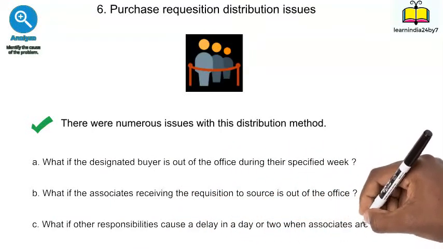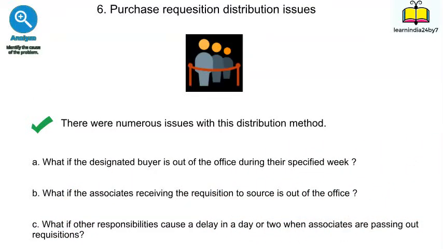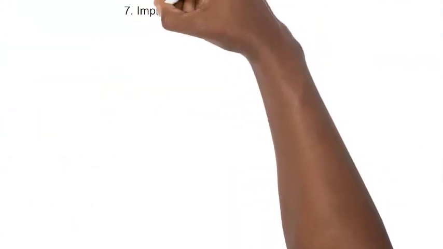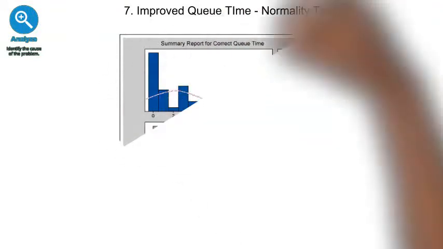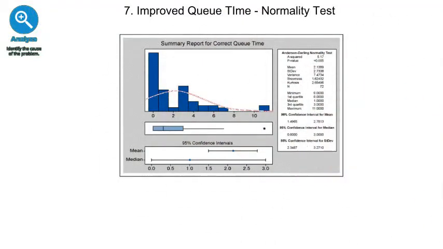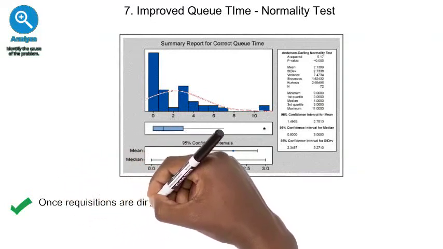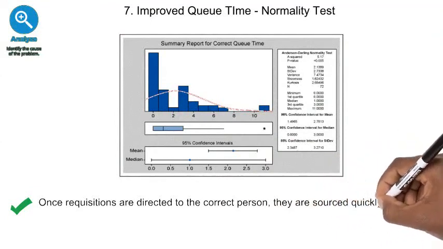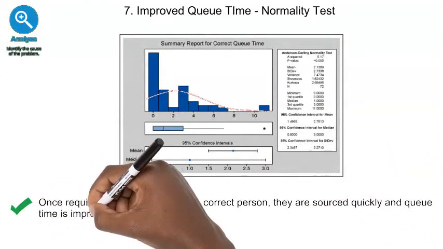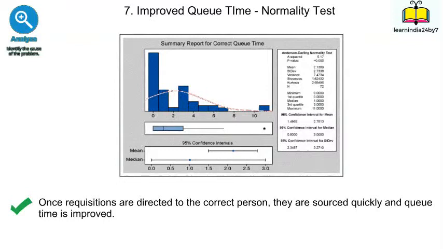And what if other responsibilities cause a delay of a day or two when associates are passing out the requisitions? Once requisitions are directed to the correct person, they are sourced quickly and queue time is minimal.